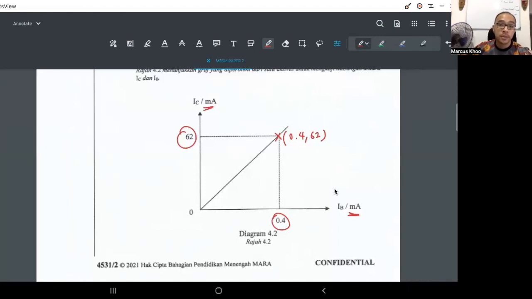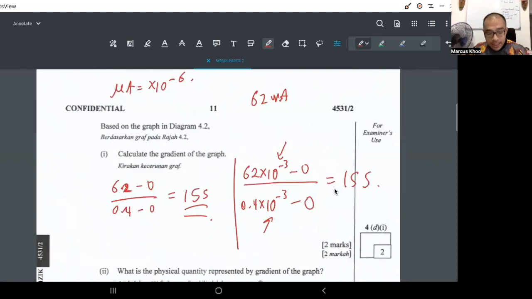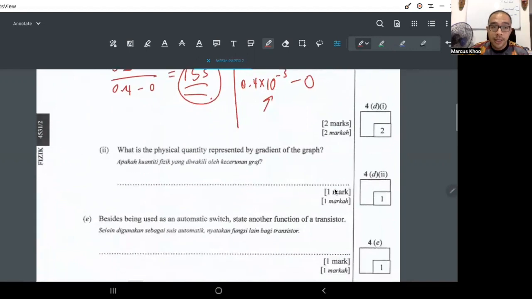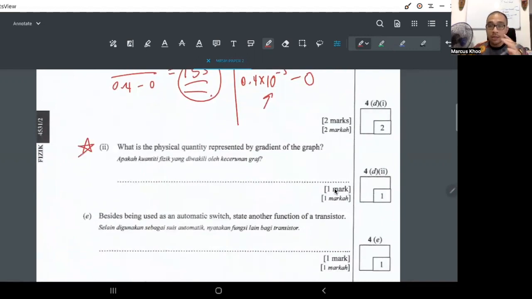No problem. But the gradient of the graph is something that I only mentioned in passing during our class. Even I also forgot about it for a little while because there are not many such questions. So what is the physical quantity represented by the gradient of the graph, which is IC over IB, y-axis over x-axis?